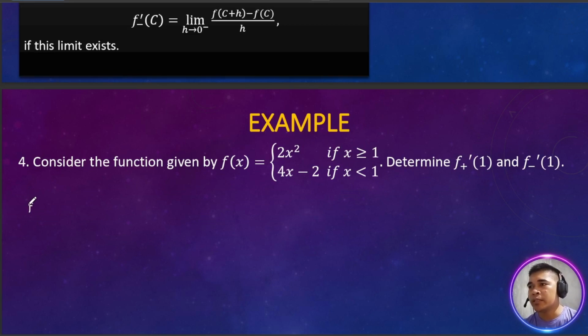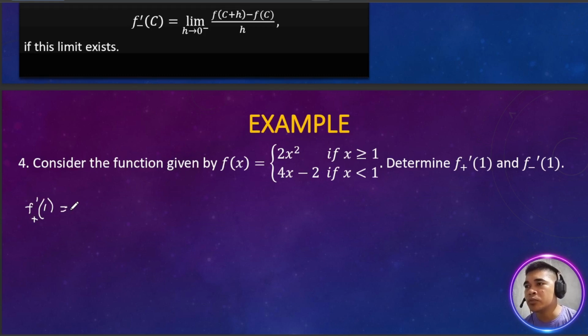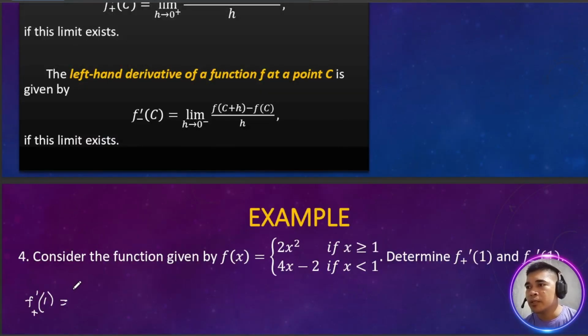So the right-hand derivative of a function f at a point 1 is equal to the limit of f of C plus h minus f of C all over h as h approaches 0 from the right.